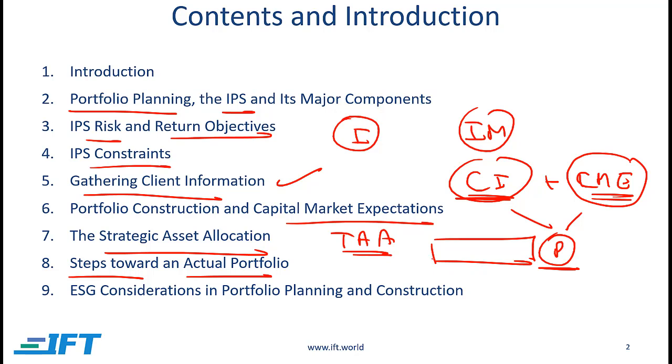And then we can allocate this risk across different sources of return. The final part of this reading is about ESG considerations in portfolio planning and construction. And this is becoming increasingly important because many investors are concerned about environmental issues, social issues, and governance issues.